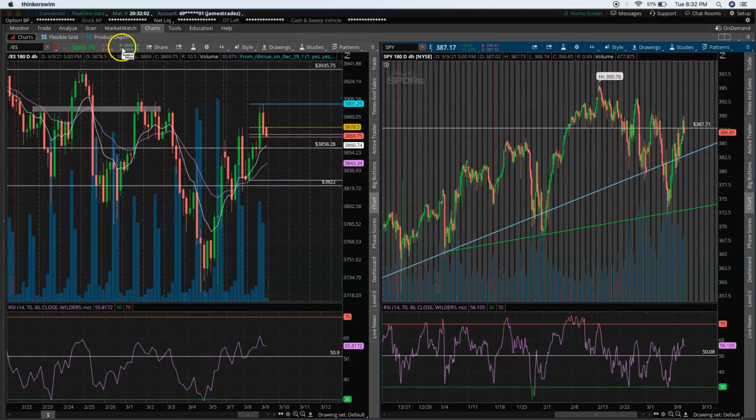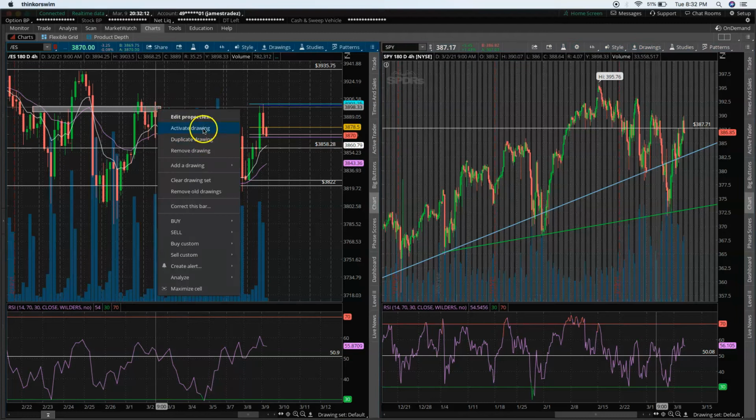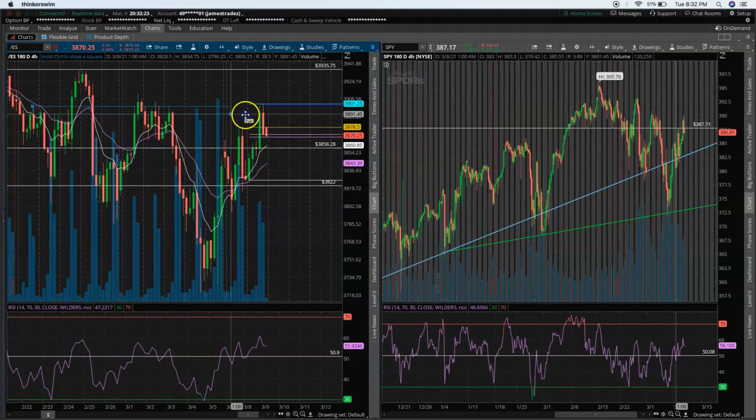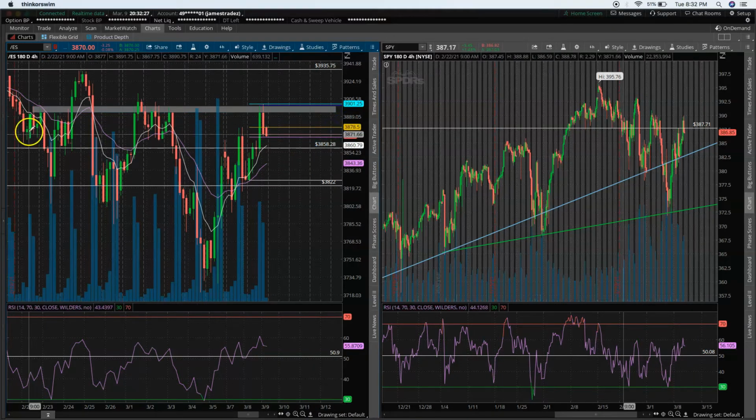That's how the contracts move, and it's kind of better that way. You see this zone right here from the old breakdown highs before we made higher lows. It's a little more intuitive.